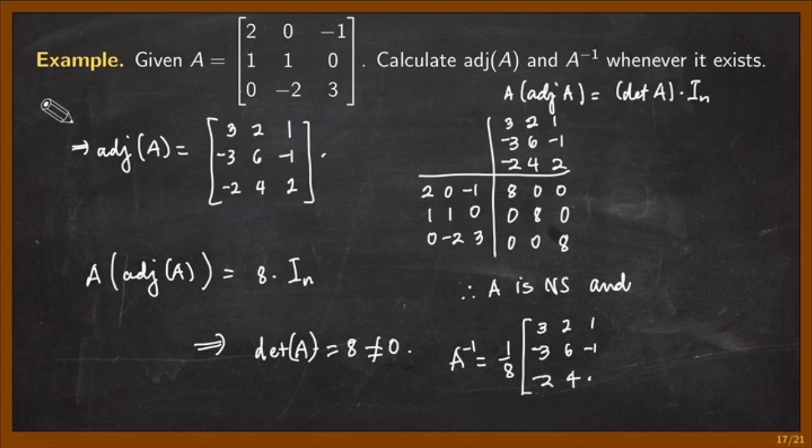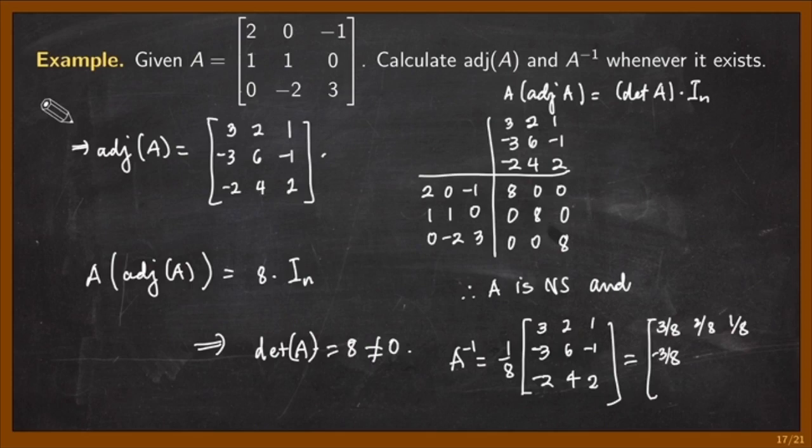Just as shown, right? Because if you take 1/8 of these entries and multiply it by A, you now get the identity as a result. So this is the inverse. In fact, if you want to express this in terms of fractions, you can write it this way.